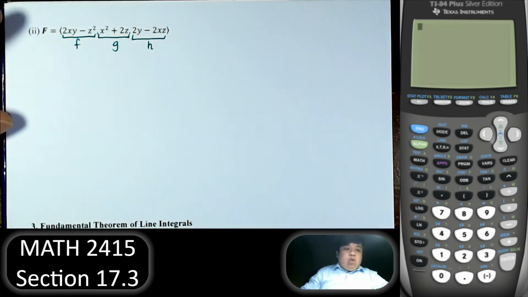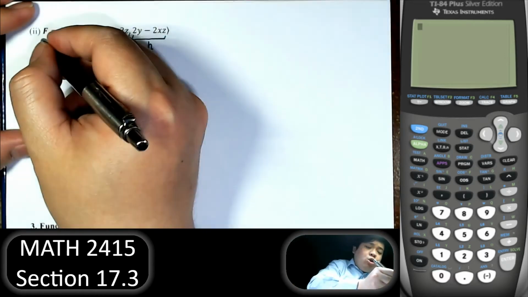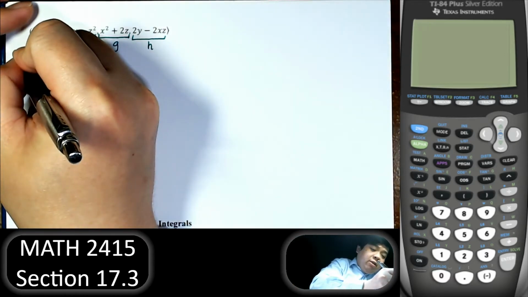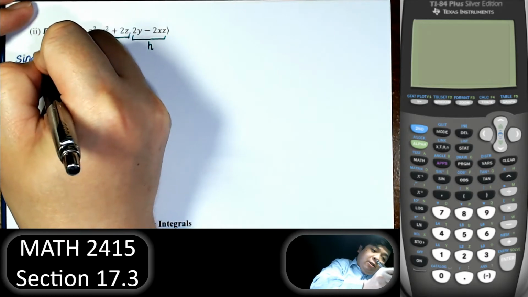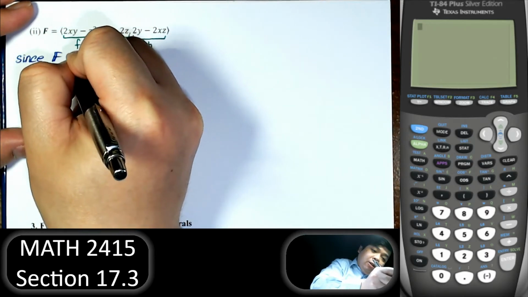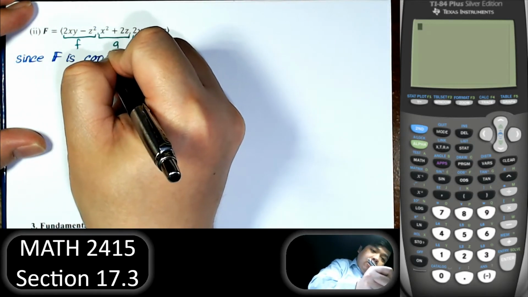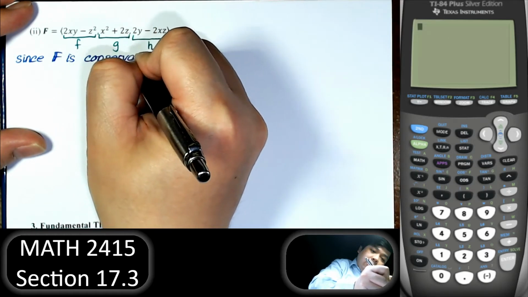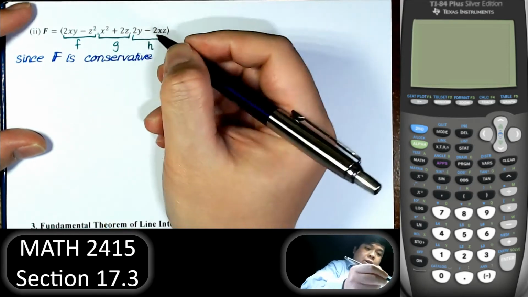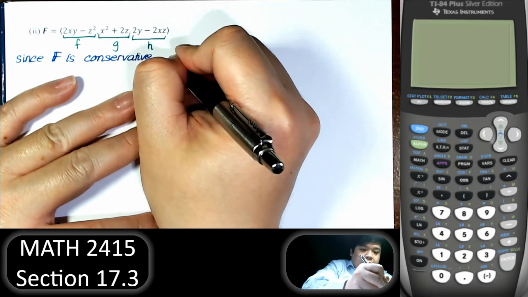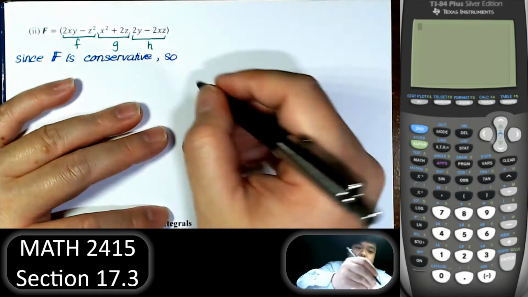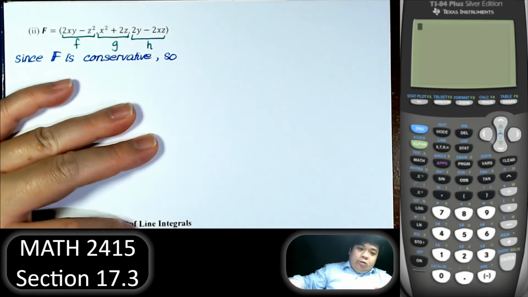By the way, try to write small because this might take a lot of space. So first we know that it is conservative, so there exists a potential function.